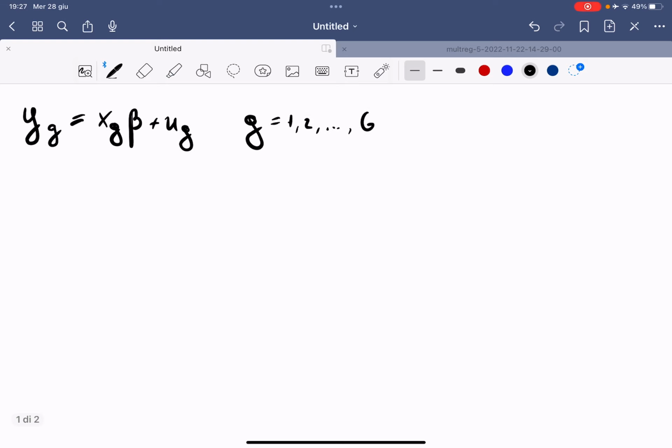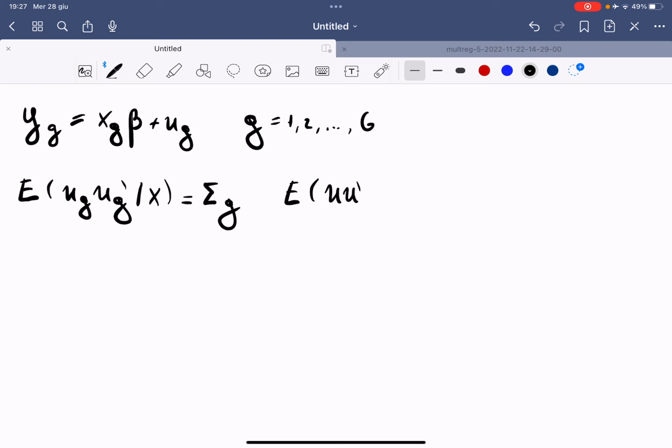The fact is that the expected value of the squared residual for each group given x will be equal to some matrix sigma_g, while the expected value of the whole set of residuals will be equal to omega_c.